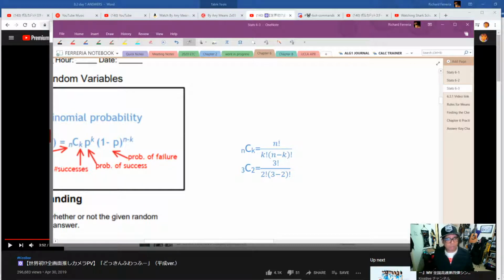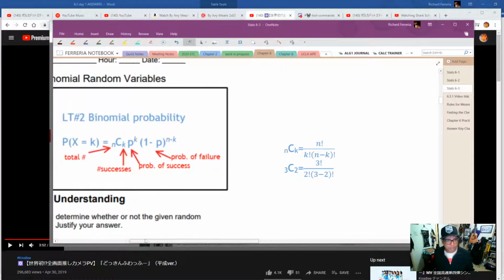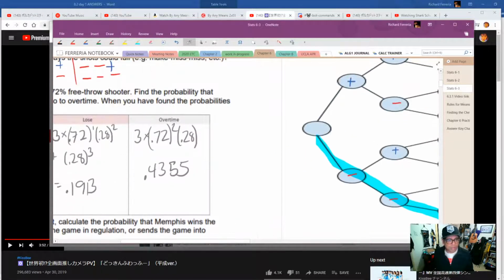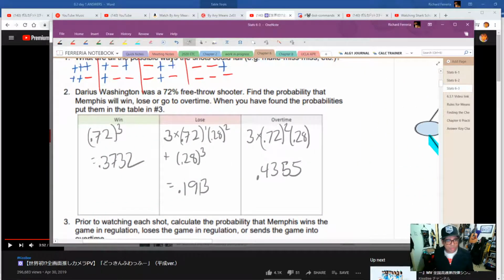If you remember from Darius, we had that 3 choose 2 here, 3, 0.72 to the first power, 0.28 squared. So that 3 right here, that was 3 choose 2. And this 3 over here, this should have been 3 choose 1.